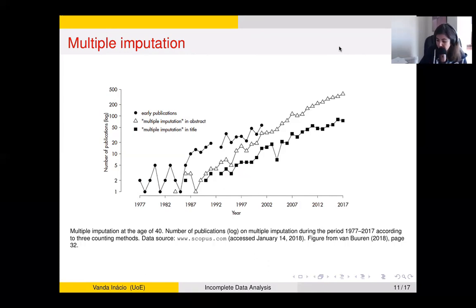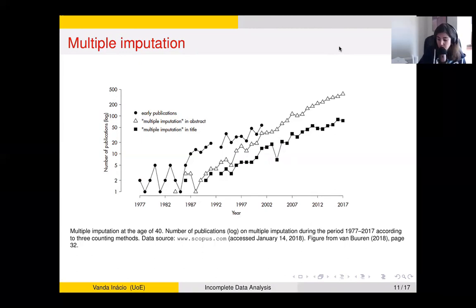The middle series is papers that have multiple imputation in the abstract. The abstract is a short description of the paper, and this can be both methodological papers or applied papers that analyzed some data, possibly had missing values, and used multiple imputation.